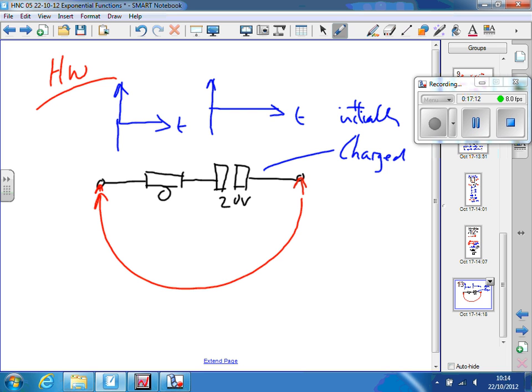What I want you to do is to sketch what the curve will look like for the voltage across the capacitor and the voltage across the resistor as it discharges. Okay? So all I want from you next week is a sketch of what that will look like as it discharges. What will the voltage across the capacitor look like? What will the voltage across the resistor look like?